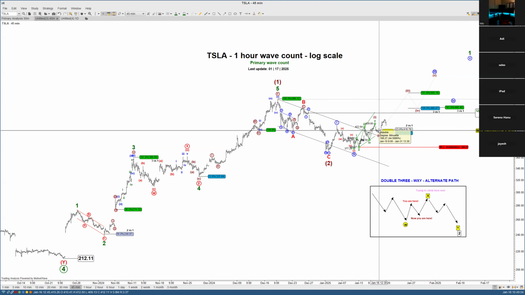That's the entry point I was watching, and then it retraced down to this 410 area. It dipped to 408. Actually, the low was 409.13. So that's where I put a spread on at 410.